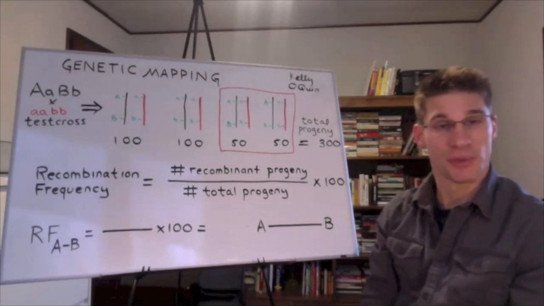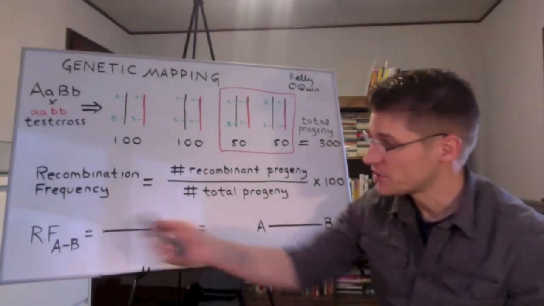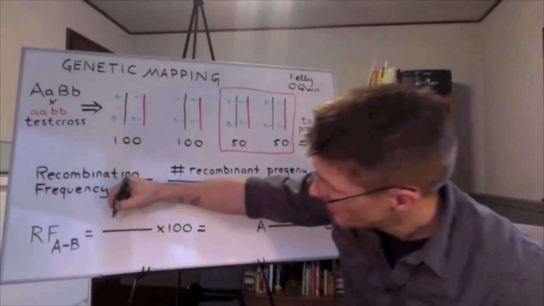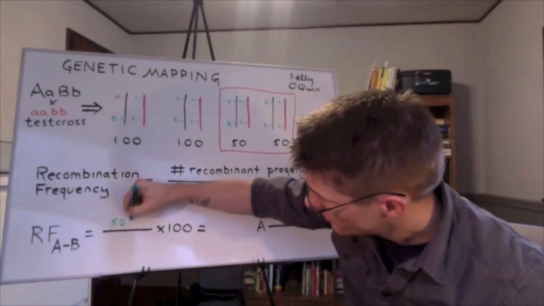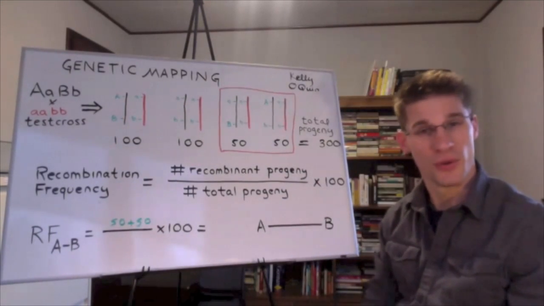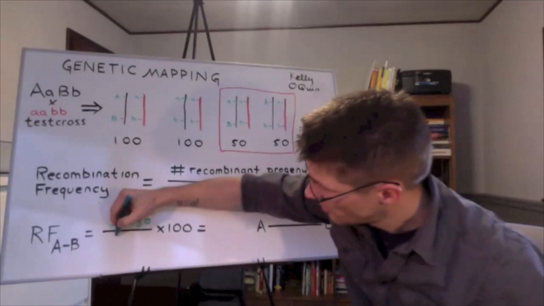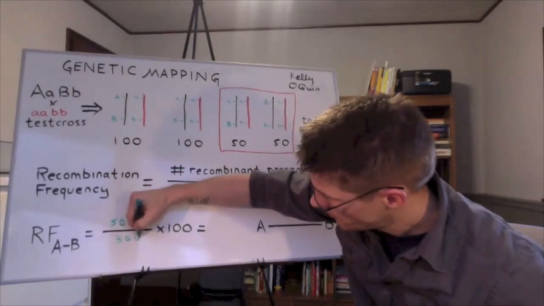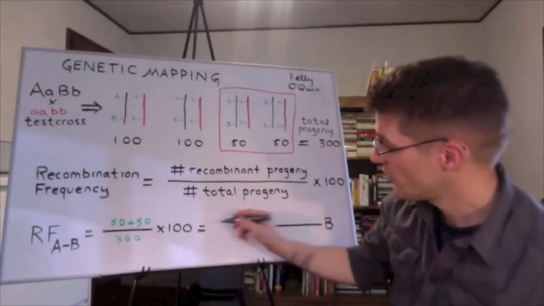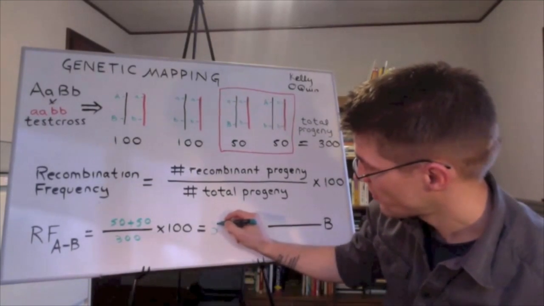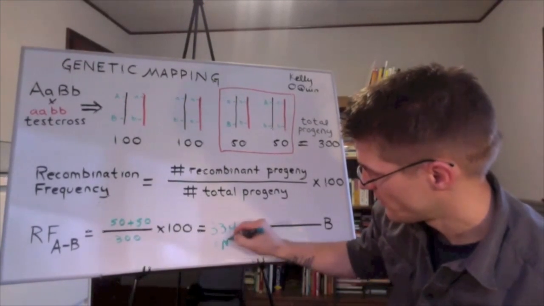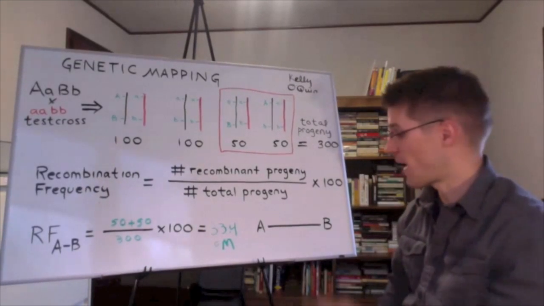So if we wanted to estimate the recombination frequency between A and B, we would take the number of recombinant progeny, in that case, 50 plus 50, and divide that by the total number of progeny, in this case, 300. We'd multiply that final number by 100, and you'd see we'd get 33.4 centimorgans.